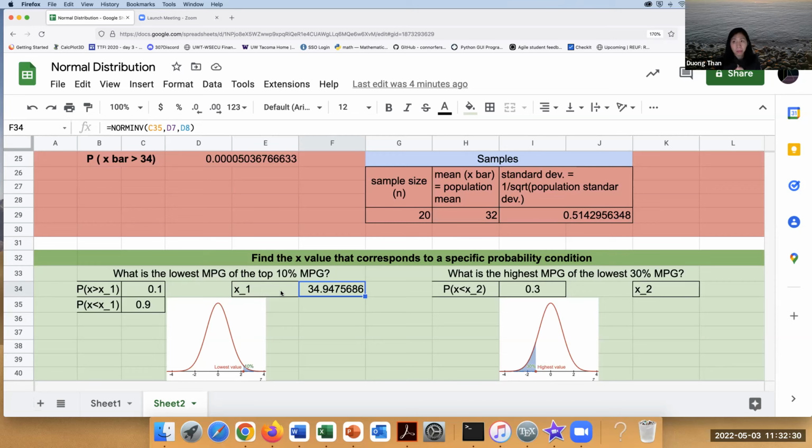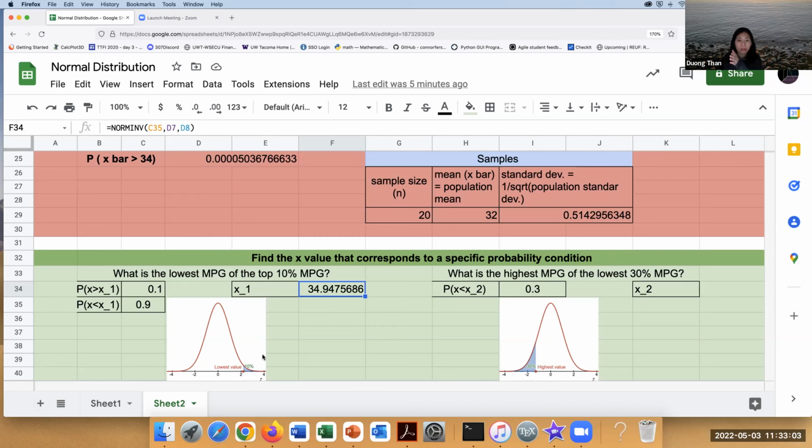miles per gallon. That means if you look at all the cars of this model and test each car's miles per gallon, the top 10% are the cars that perform best in terms of fuel efficiency. That's the area to the right, the tail here.